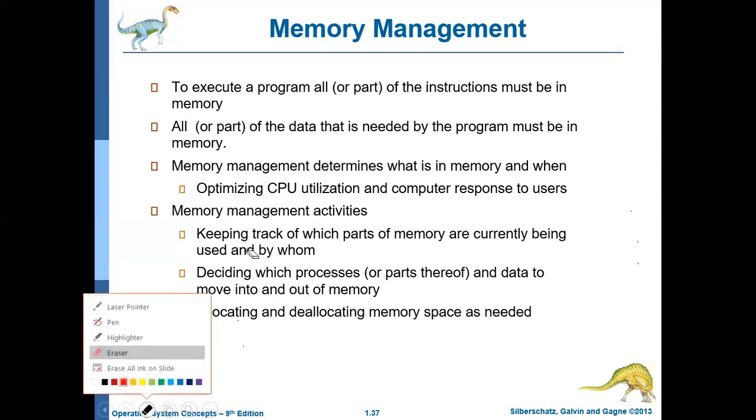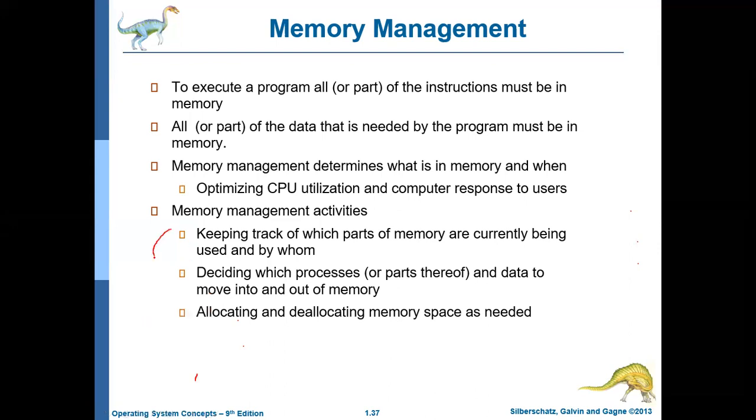These are the activities the operating system performs as a memory manager. It keeps track of which parts of the memory are currently being used and by whom, it decides which process should be moved in and out of memory, and it decides when to allocate and deallocate memory depending on the requirement.